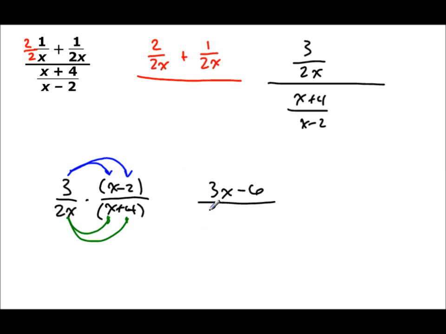When I do that, I get 2x squared plus 8x, because 2x times 4 is 8x. So there you go. I've done this, gotten rid of this complex fraction. I don't have a fraction with fractions. I just have now a numerator and a denominator.